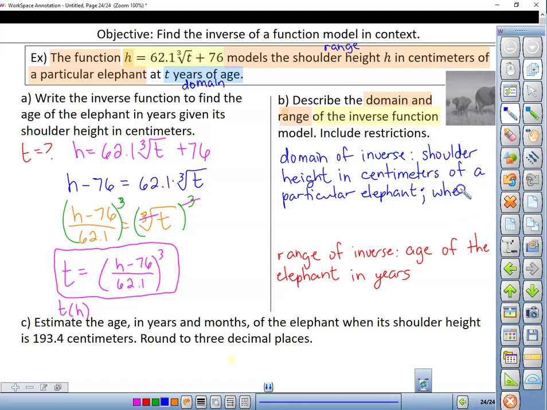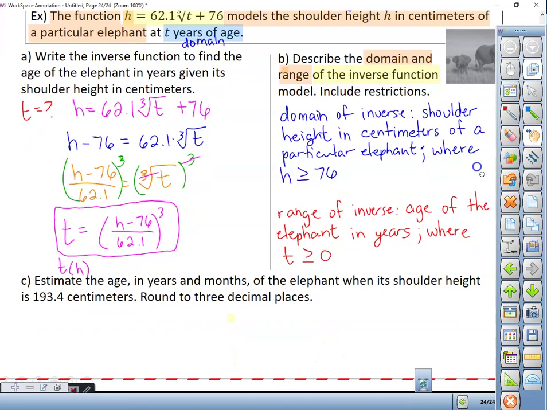So where h would actually have to be greater than or equal to 76. That would then correspondingly make t, the age of the elephant, greater than or equal to 0 years, which makes sense in terms of the context. So where our t is greater than or equal to 0.